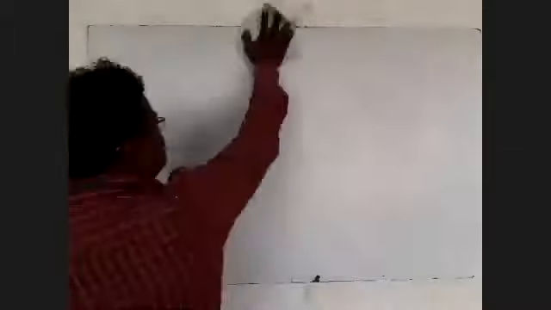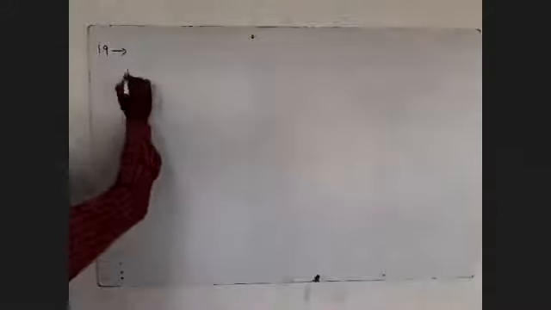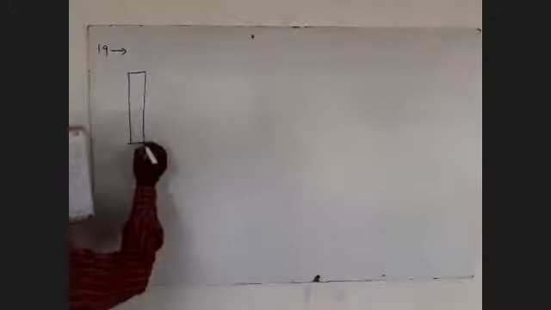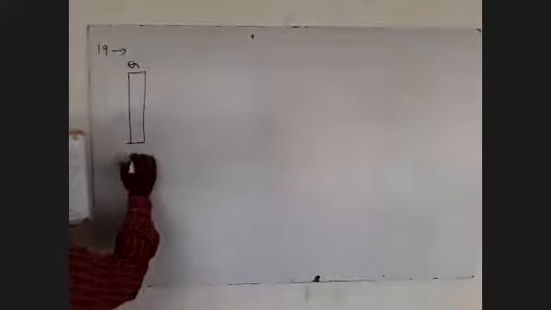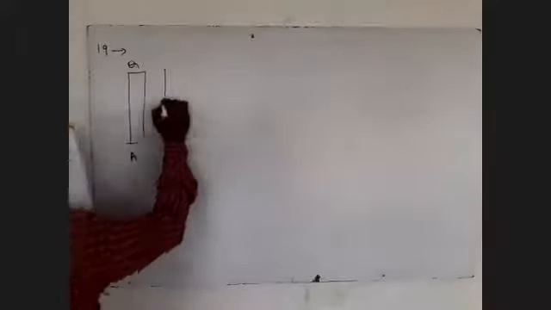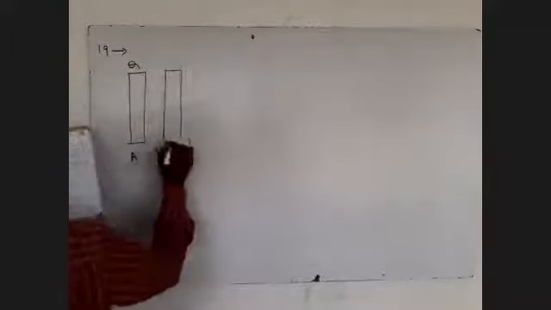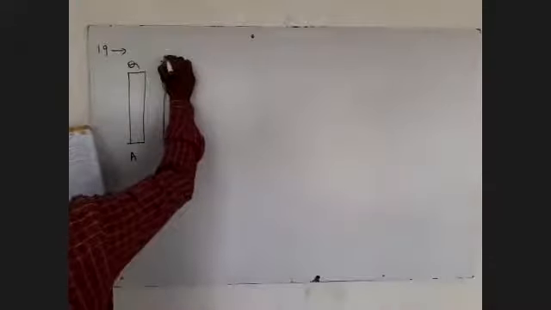Three infinite plane sheets are given, each plate having a charge. This is plate A having charge capital Q. This is plate B, minus 5Q.